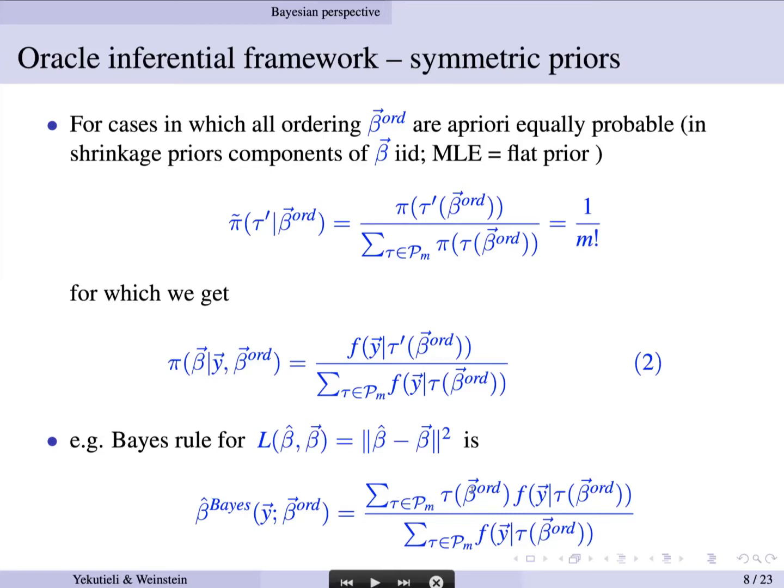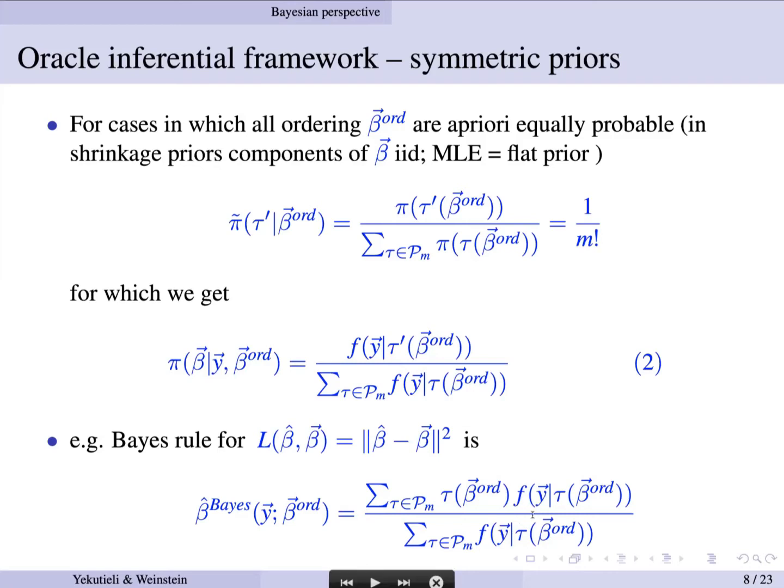In the numerator, we sum over the different permutations. We take each permutation of the beta vector and weigh it by the likelihood. And of course, to have the weights sum to 1, we divide by the sum of these weights, okay?